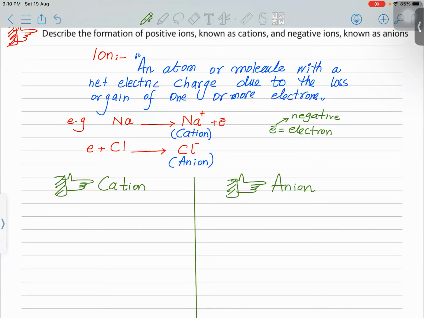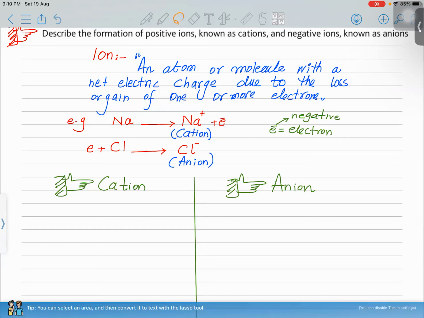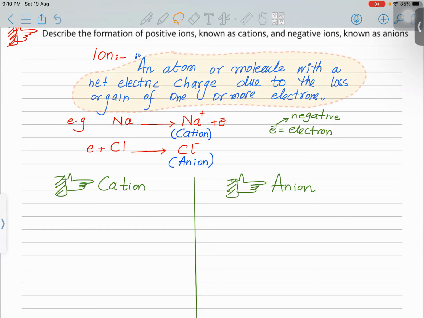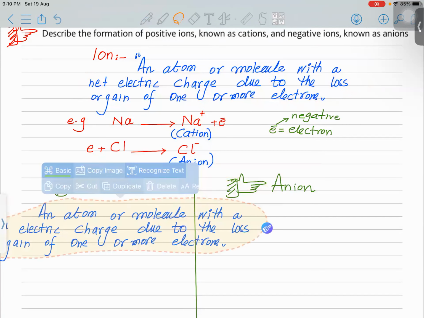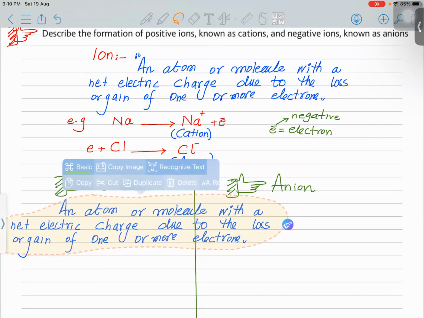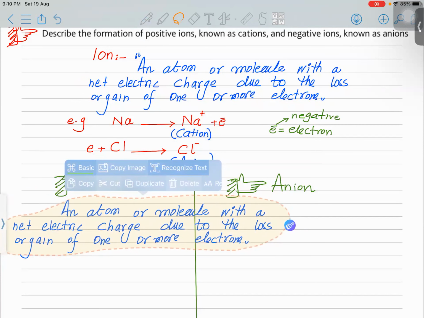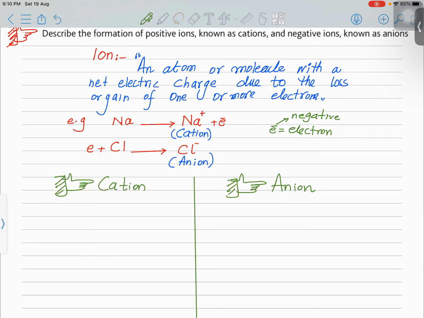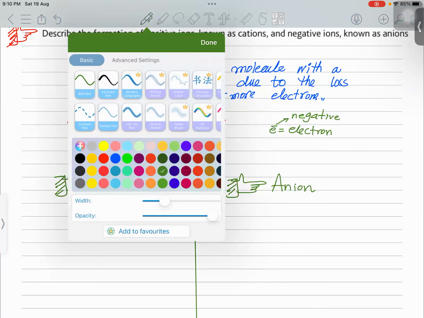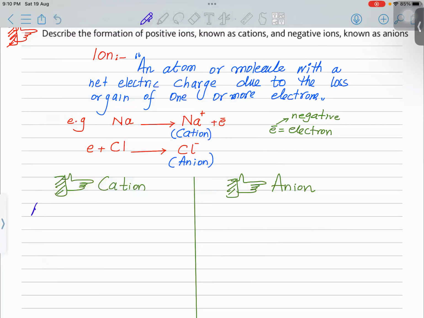Because you know that electrons are negatively charged particles. Okay. Now, can anyone define what is cation? Sir, a cation is an atom or molecule with a positive electric charge because of the loss of one or more electrons. Very good.